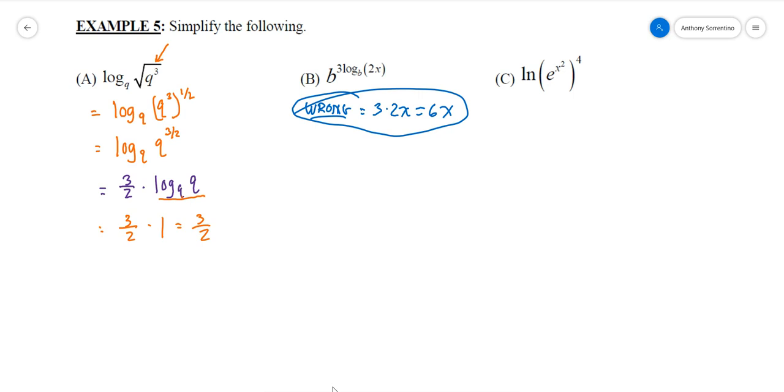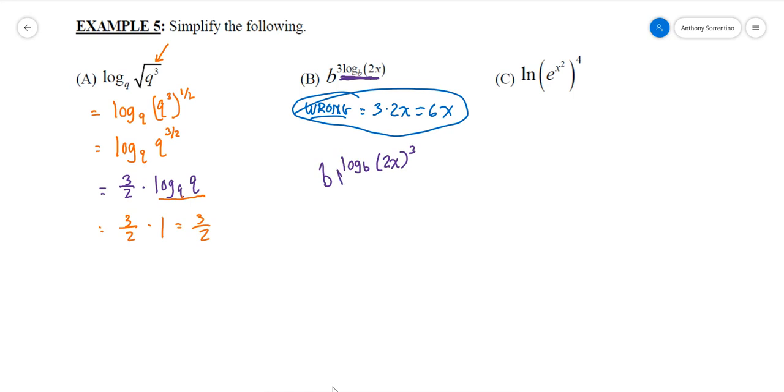Okay, so getting back to this now, I have to get that 3 from between the b and log base b. Looking at this statement, having that 3 in front, I can rewrite that as b to the log base b of 2x to the 3rd power.